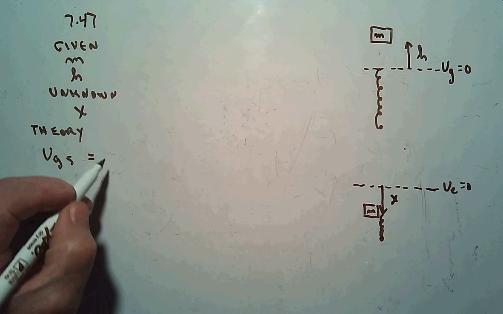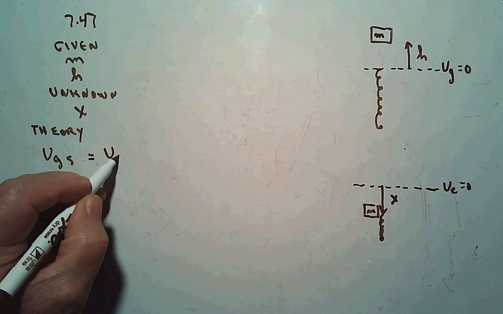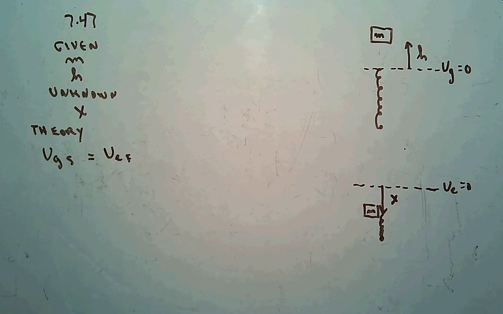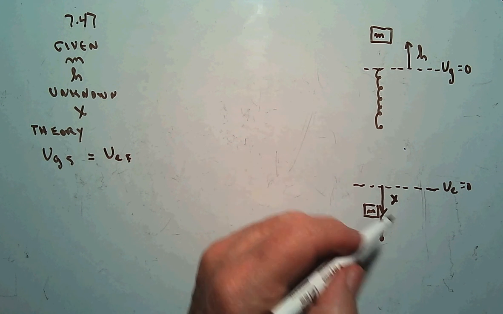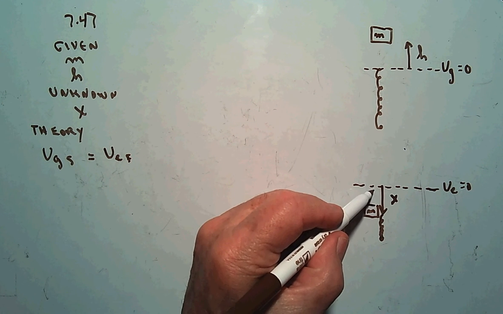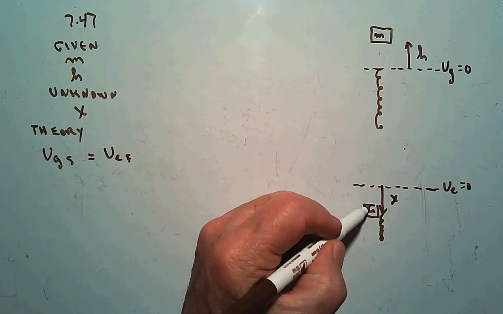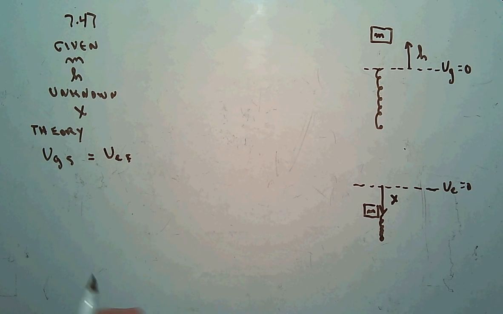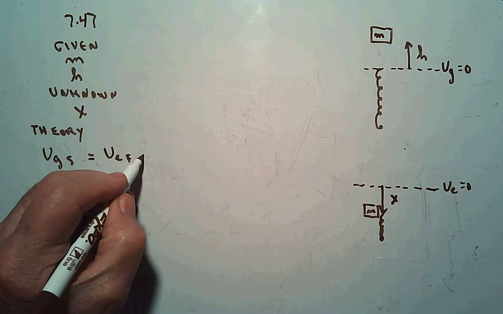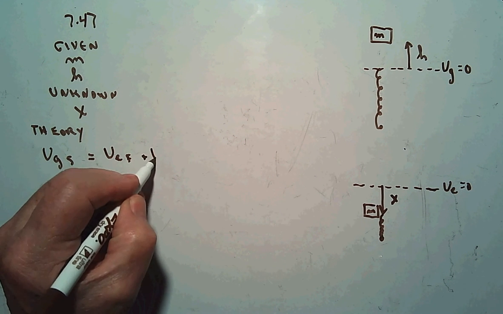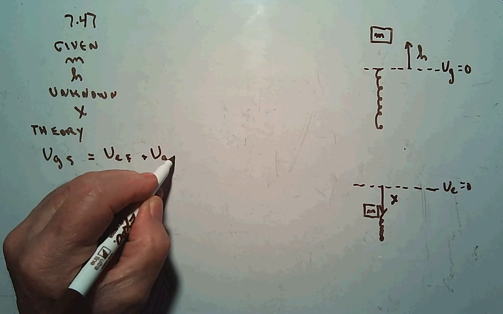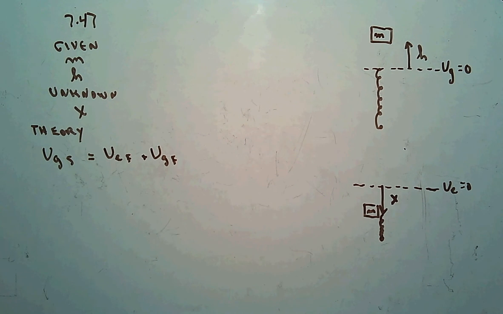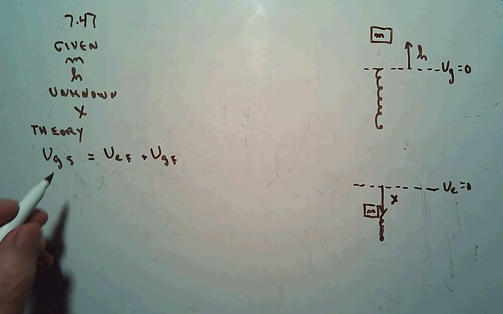So that'll be U elastic final. But also the block has also lost some potential energy. So that will be plus U gravity final. So that's basically the theory behind this. All we have to do right now is just plug in the numbers.